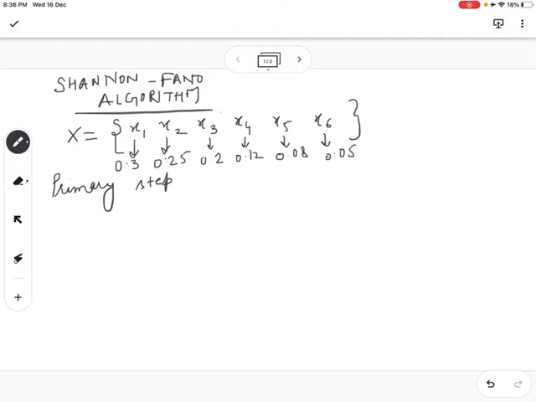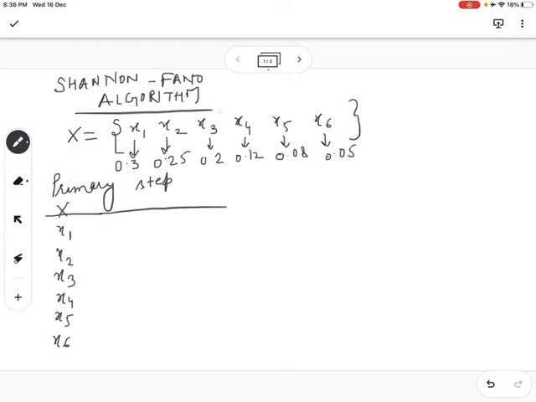To solve this, first we write all the messages: x1, x2, x3, x4, x5, x6. This is very simple.